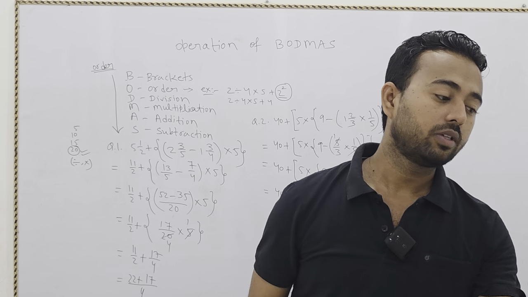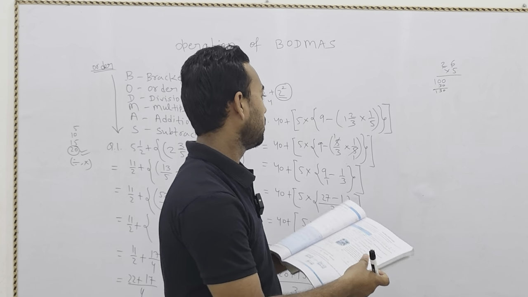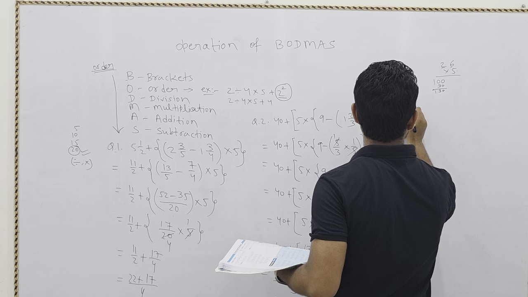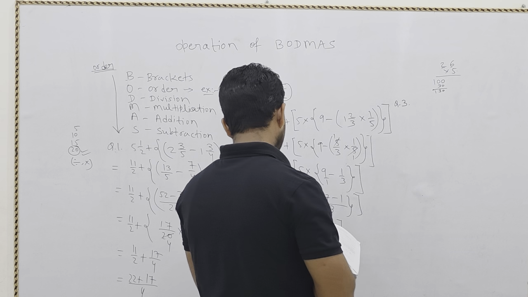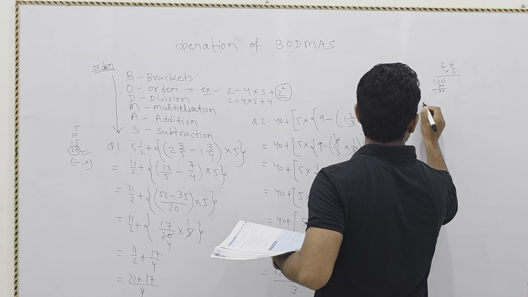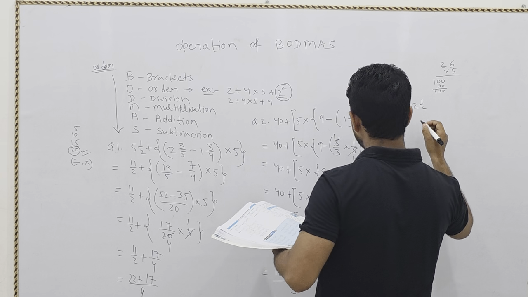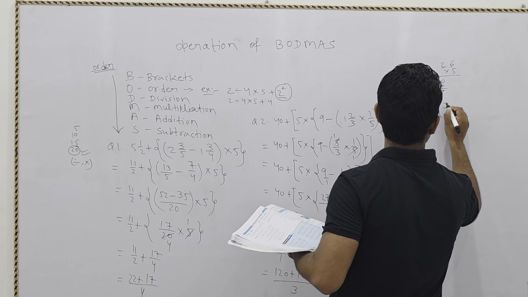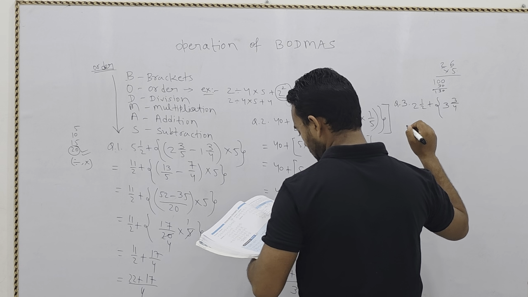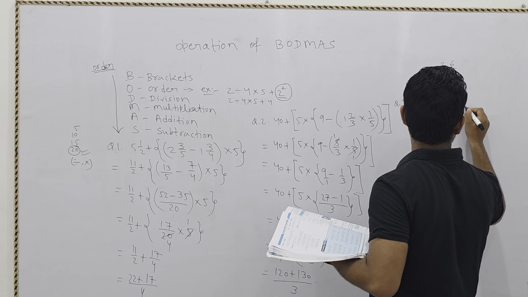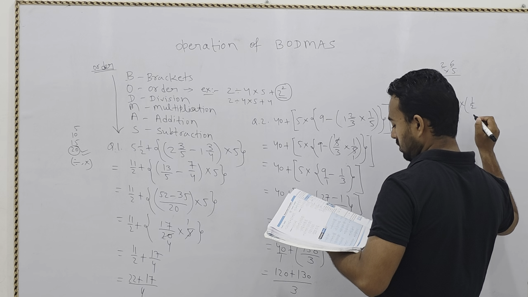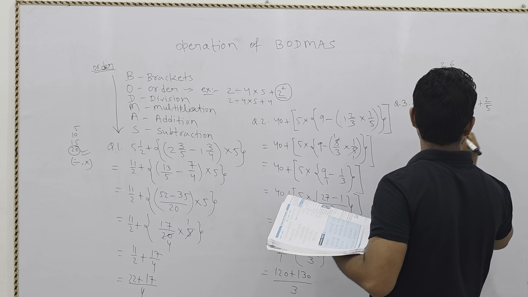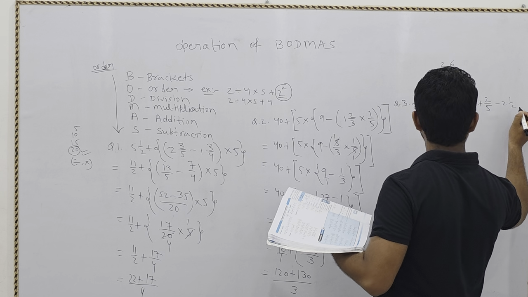Now I am going to take another question. Here you can see question number 3: 2 1 by 2 plus curly bracket 3 by 4 multiplied by bracket 1 by 2 plus 2 by 5, then minus 2 1 by 2.